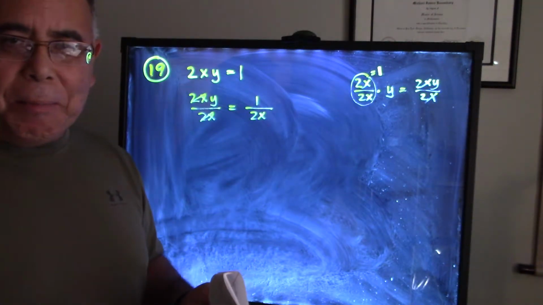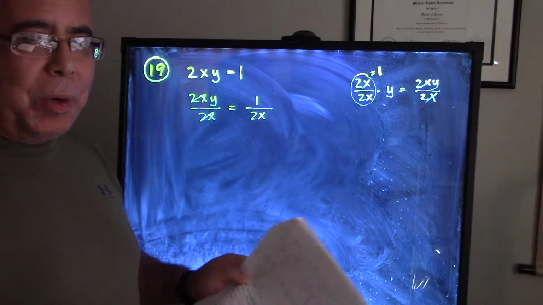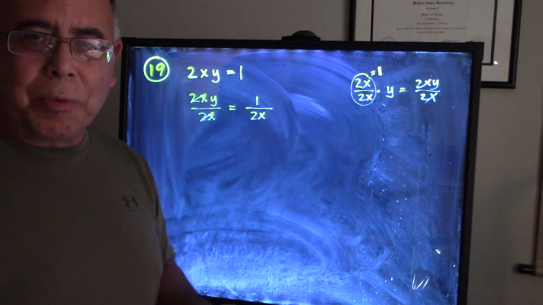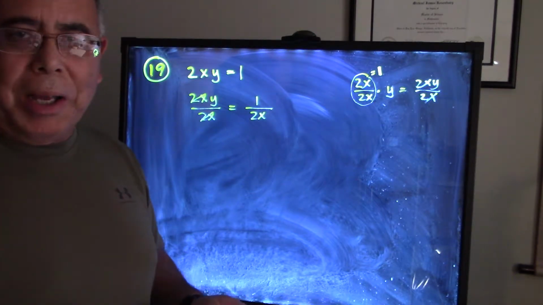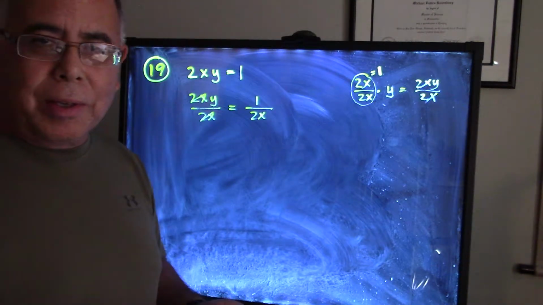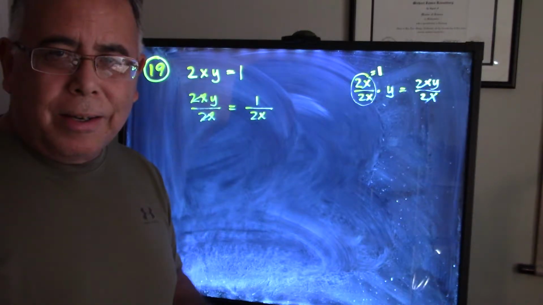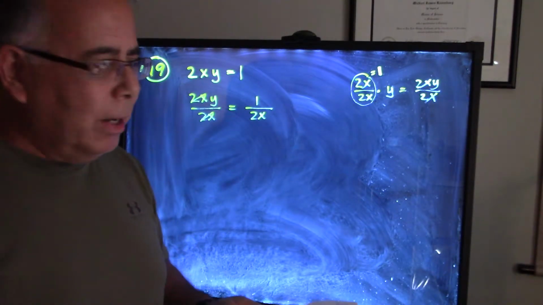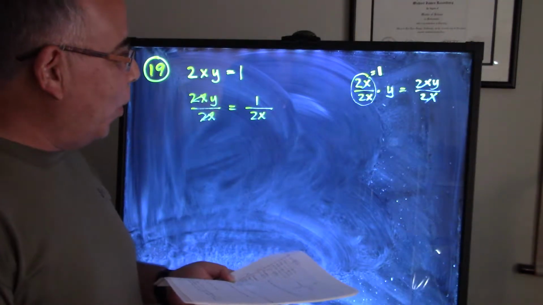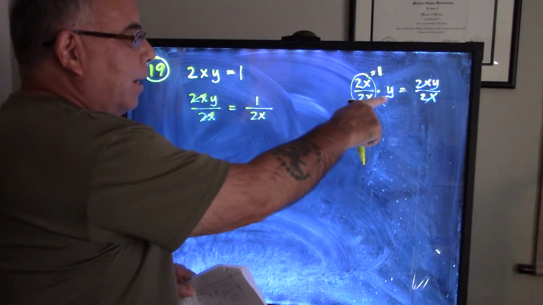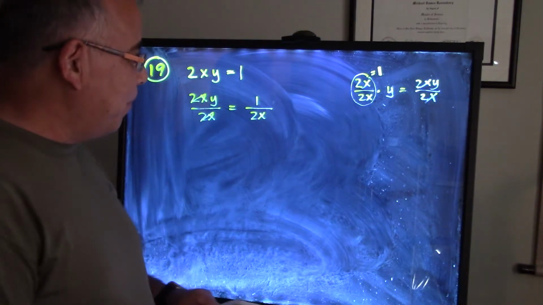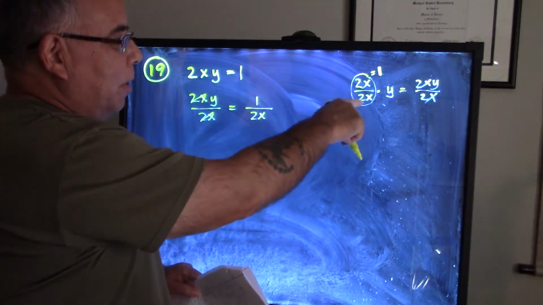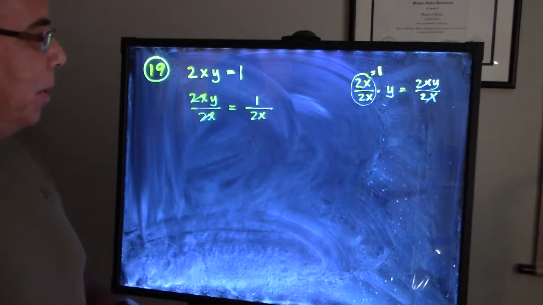So that's why when you say the word cancel, some teachers and professors don't like that word, because it makes students think that you're making it vanish or vaporize and turn to 0. It's not equal to 0, it's equal to 1. And 1 times y equals y, so this is a factor equal to 1, 2x over 2x.